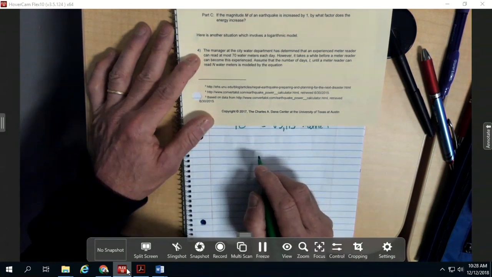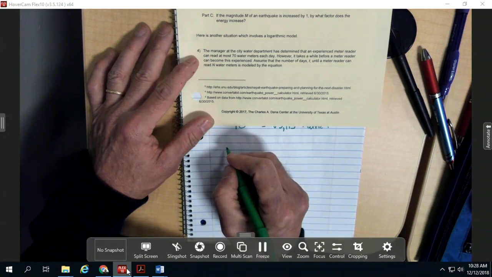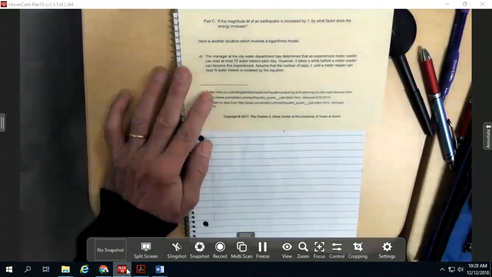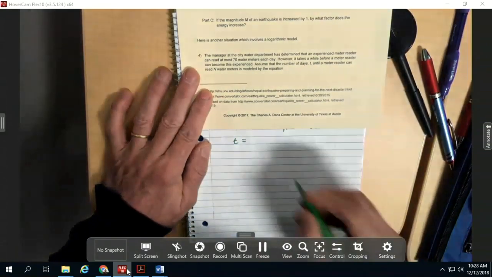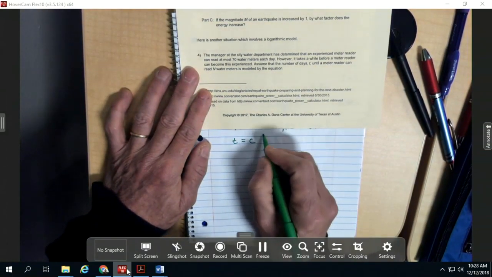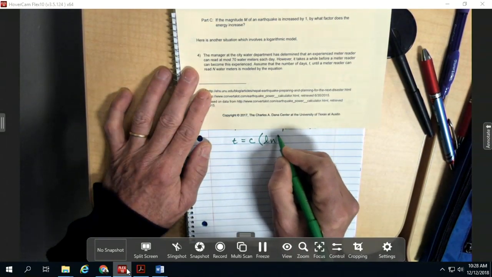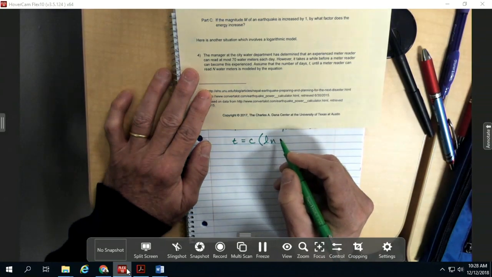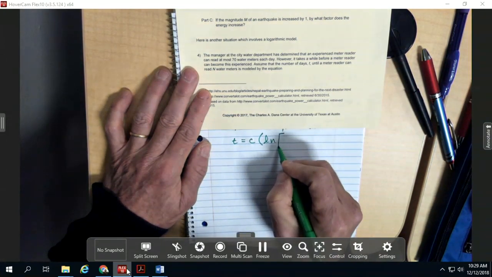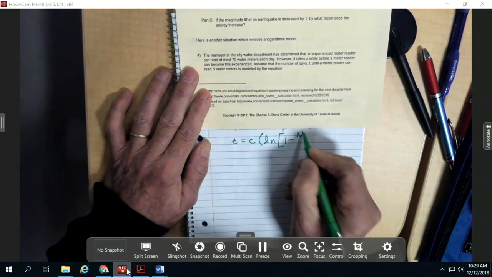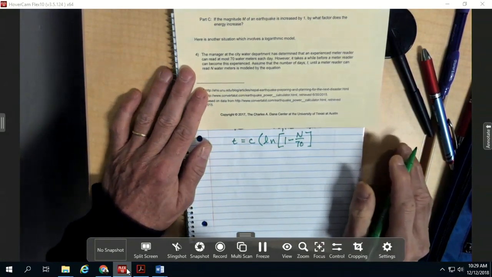Assume that the number of days, t, until the meter reader can read n meters is modeled by the equation t equals c times ln of 1 minus n divided by 70.